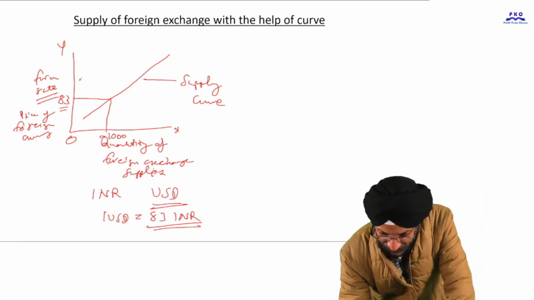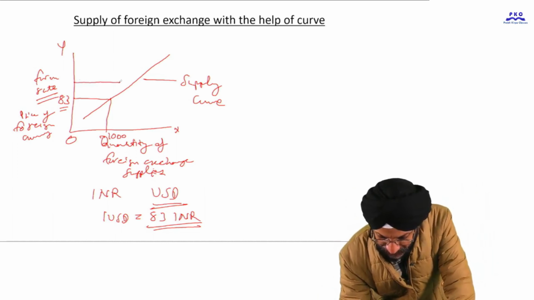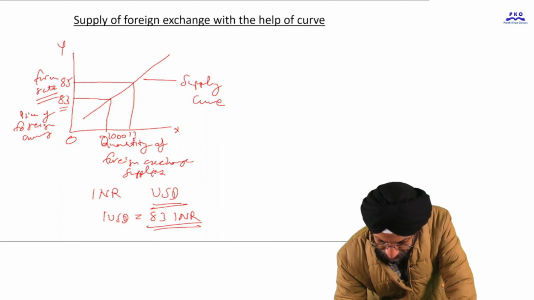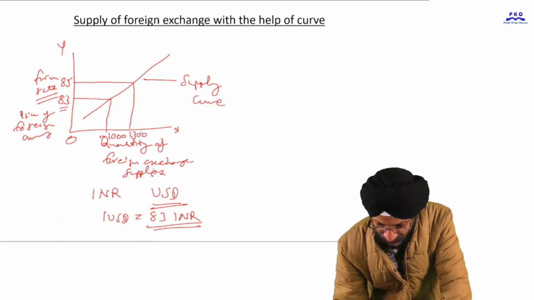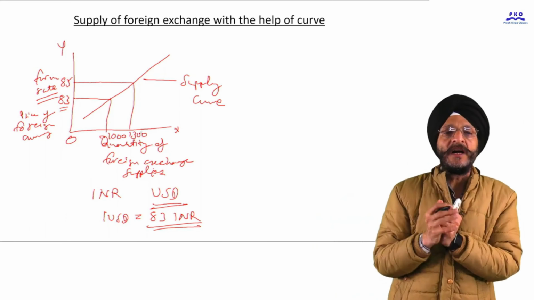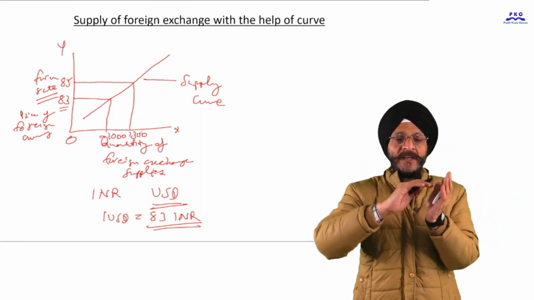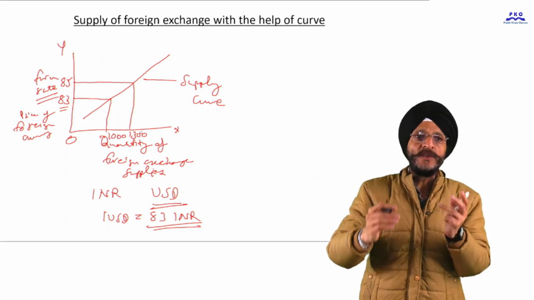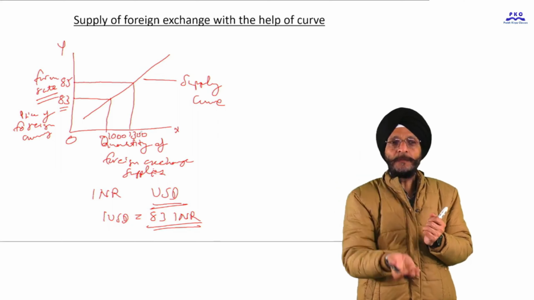If the forex rate increases to 85, the quantity supplied may also increase to, say, 1300. There is a direct relationship: as the forex rate increases, supply increases.